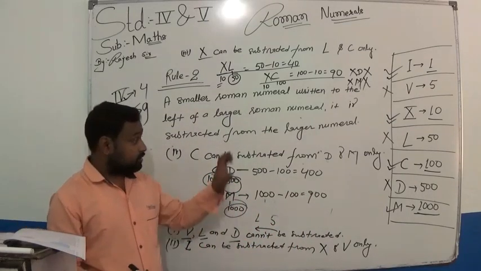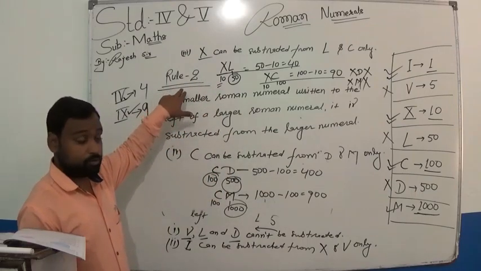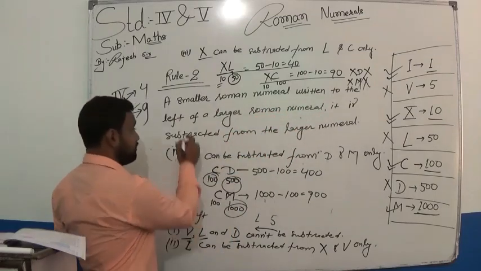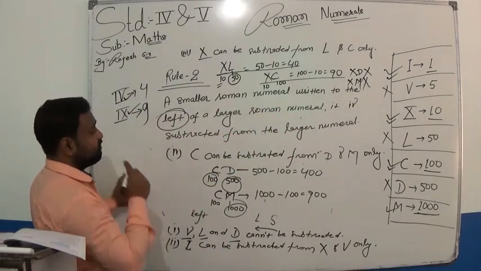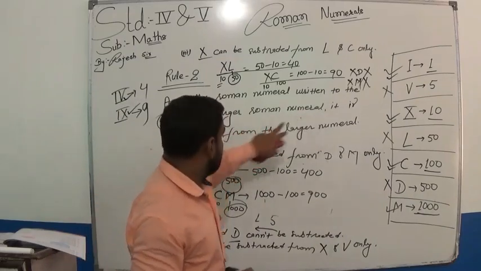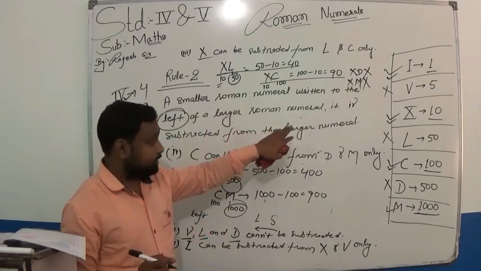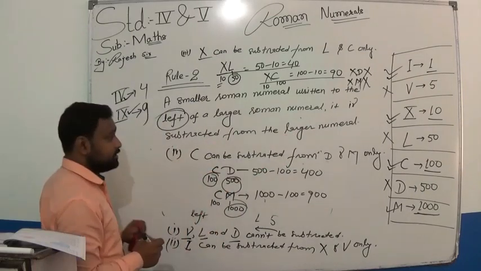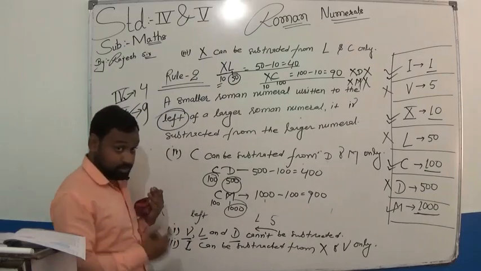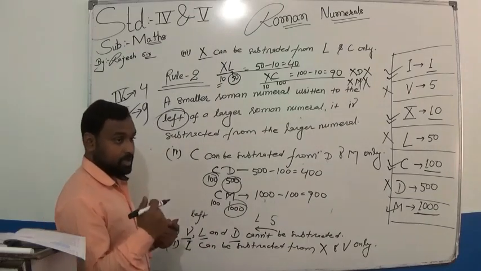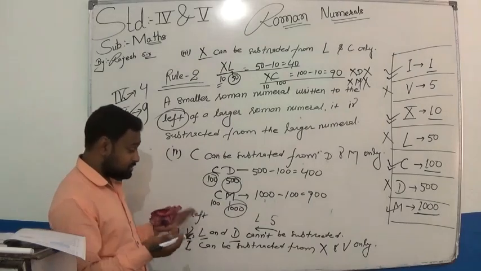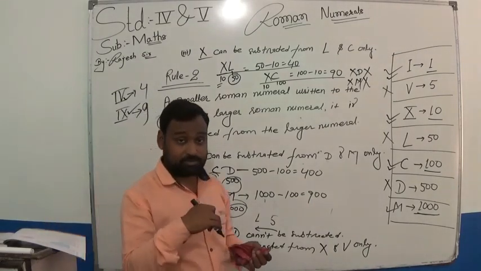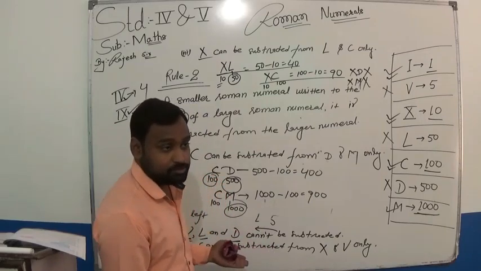So once again I am repeating rule 2. A smaller Roman numeral written to the left of a larger Roman numeral is subtracted from the larger numeral. Now we have to keep some cautions. What symbols can be written to the left and what can't be written to the left.